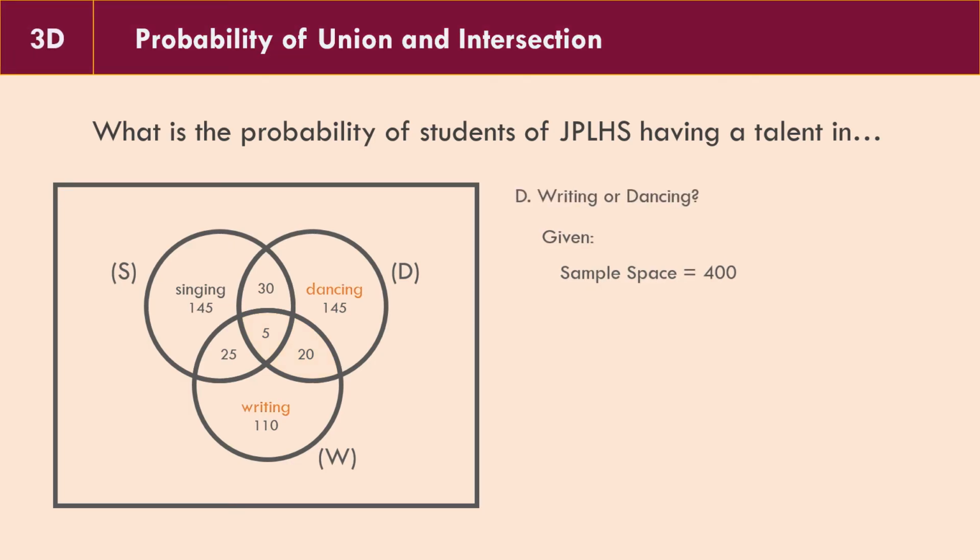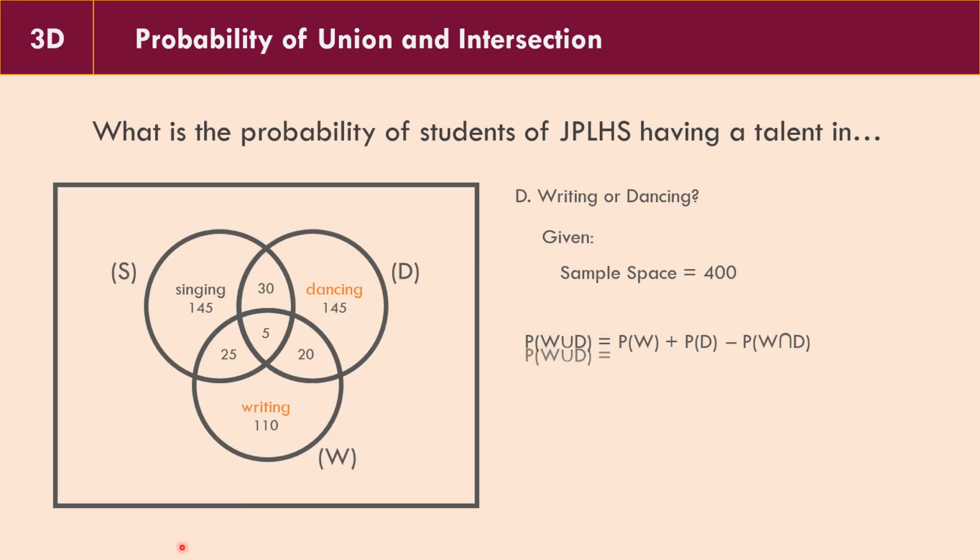How about letter D? What is the probability of students of JPLHS having a talent in writing or dancing? The total number of sample space is equal to 400. So let us get now the probability of writing or dancing. The symbol for or is U, union. So that is equal to the probability of writing plus the probability of dancing minus the intersection of writing and then dancing.